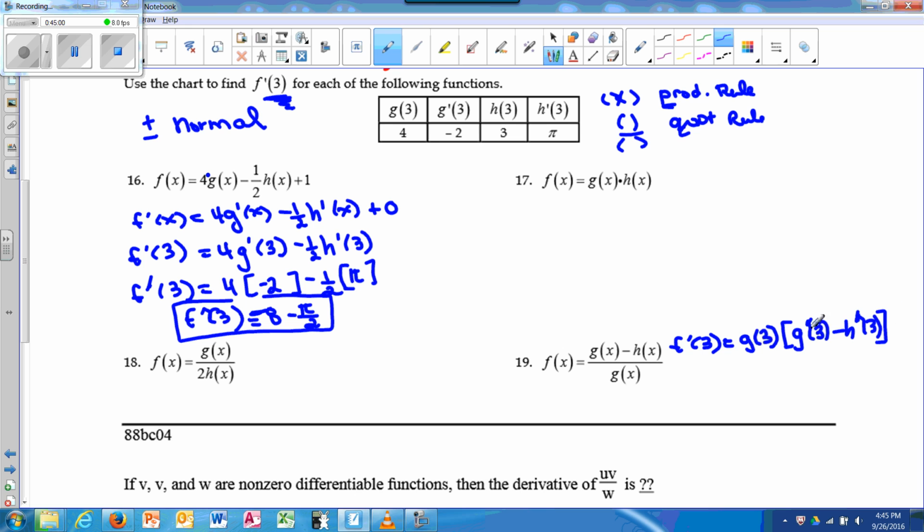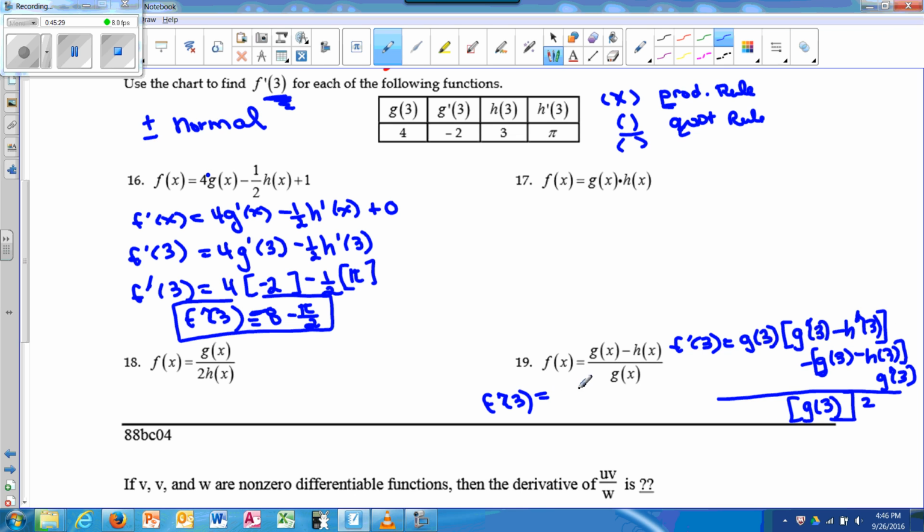So you're going to use a similar process for your products and your quotients. So we'll do one more quotient together. Now on this one, if I were to skip ahead and do f prime of 3, that's okay, but then my notation has to be in terms of 3 the entire time. So f prime of 3 equals low, which can't be x now, has to be g, d high.